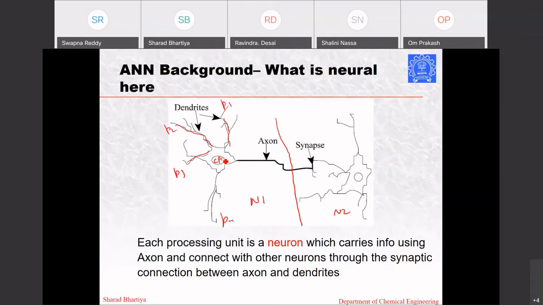All these inputs come inside my central processing unit. They get processed over here, and in biology they say that the neuron fires. So typically people say that if it is above a certain threshold, this neuron fires, and this information is then carried forward through the axon of that neuron N1, and that axon is connected to the dendritic structures of the second neuron, and this is how information flows through our nervous system.